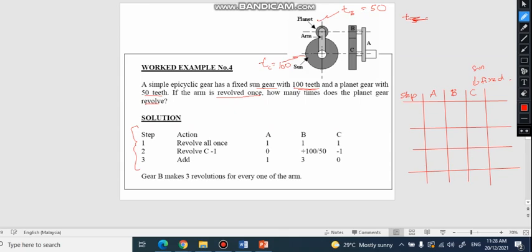So first step, as we discussed just now, step one, revolve all one. So A, B, and C revolve for one, and then you find the fixed gear, which is the sun gear, right? So revolve C minus one.